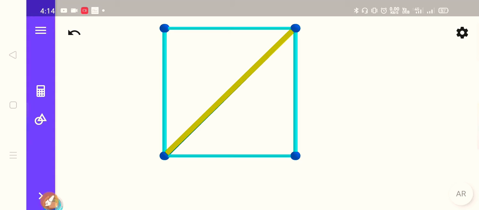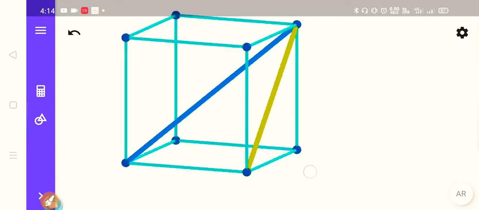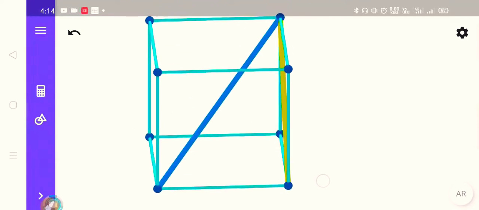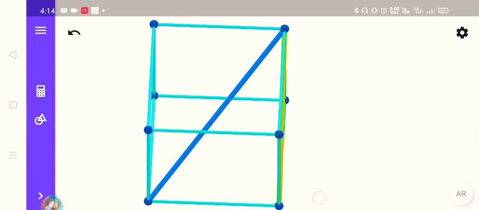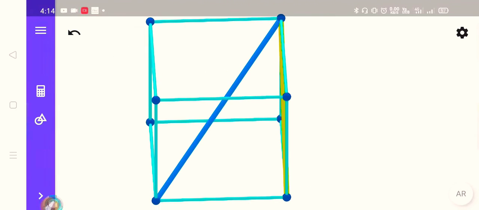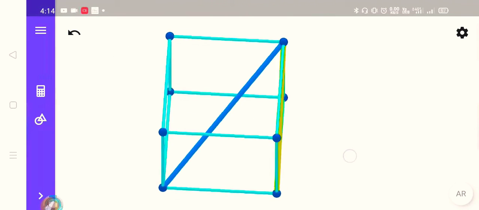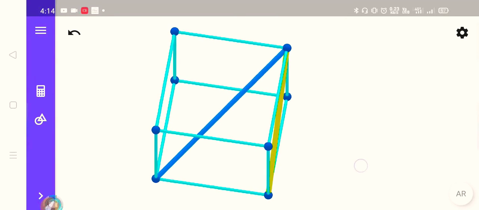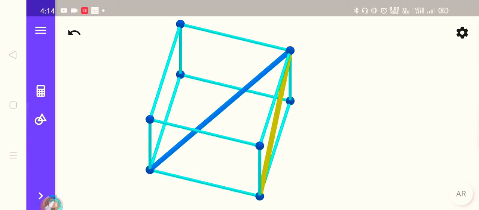Now let us discuss our body diagonal line. This is our body diagonal line, and again you will notice it also creates a triangle just like before. First of all, let us remove some additional lines which we don't need, so we can observe the proper triangle.